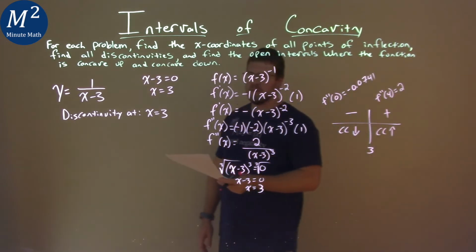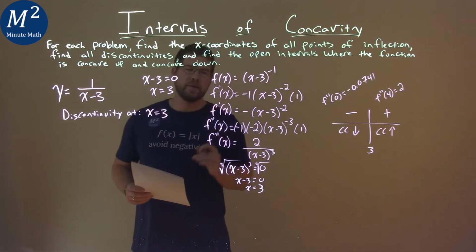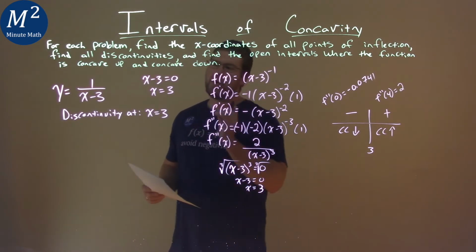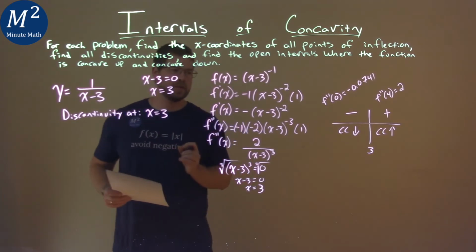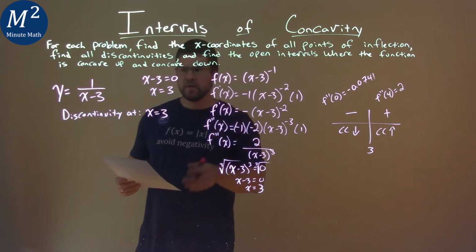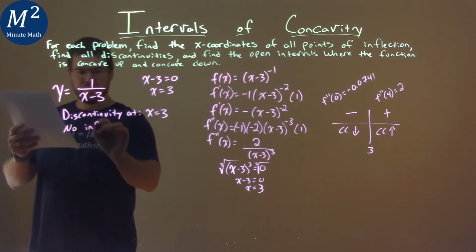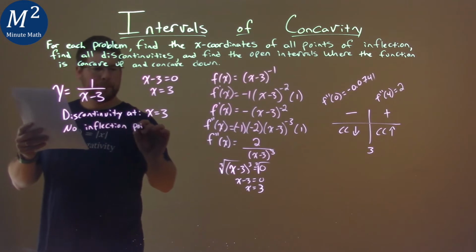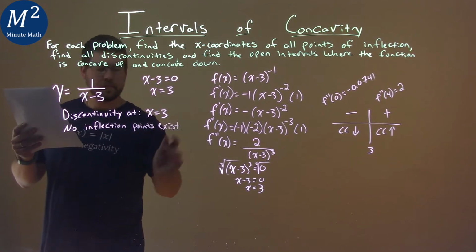So here's a tricky point. Right off the bat, you want to say, okay, concave down, concave up, point of inflection, but not true. We have an asymptote at 3, and we can't have a point of inflection there because we have an asymptote. So we would say actually that no inflection points exist there.